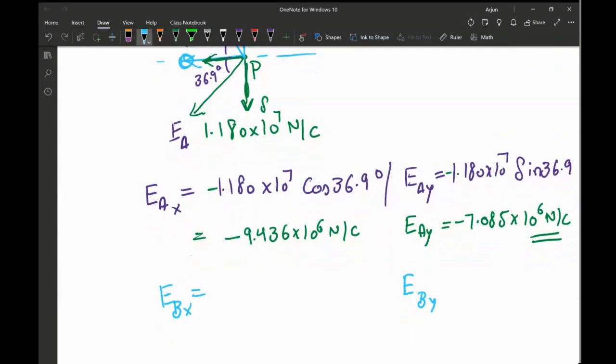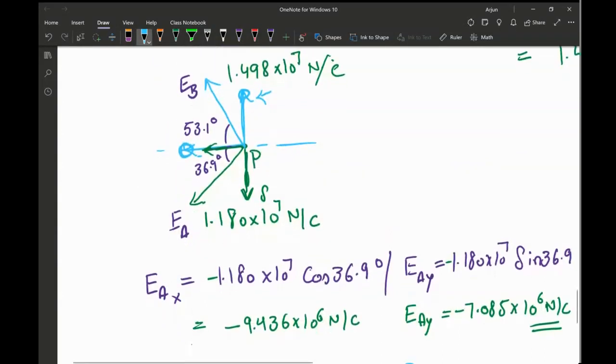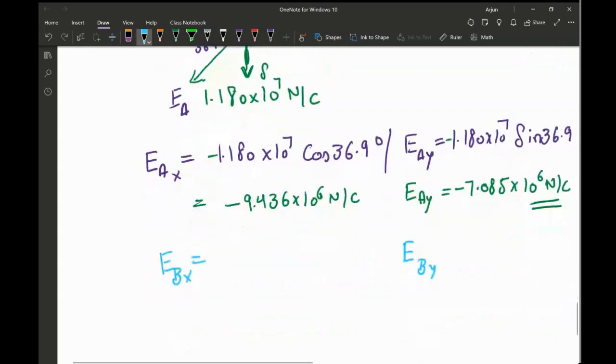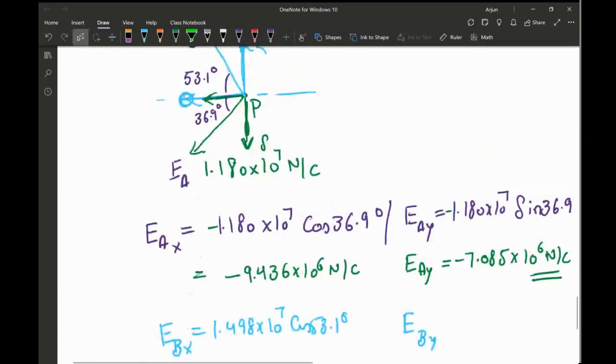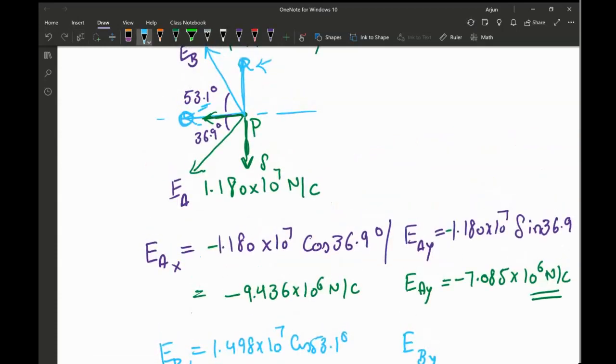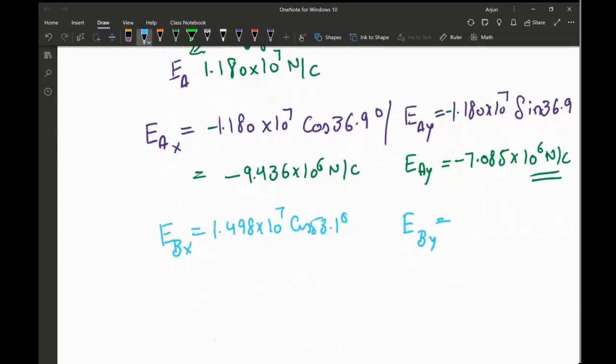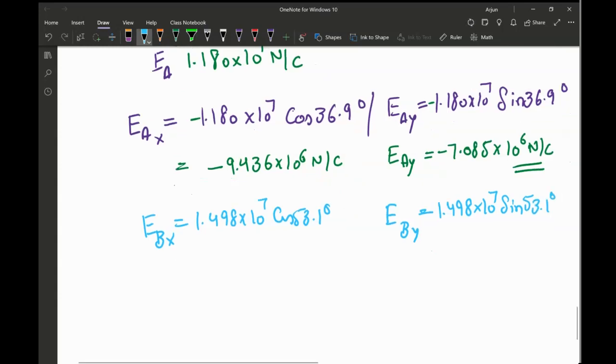So EBX will be equal to 1.498 times 10 raised to the power 7 times cos of 53.1 degrees, and EBY will be 1.498 times 10 raised to the power 7 times sine of 53.1 degrees.